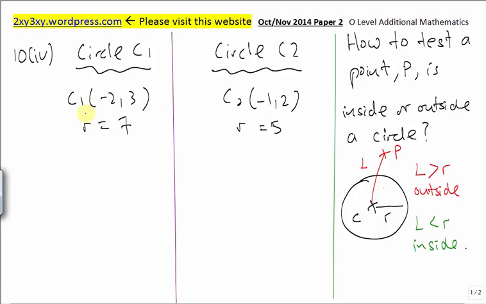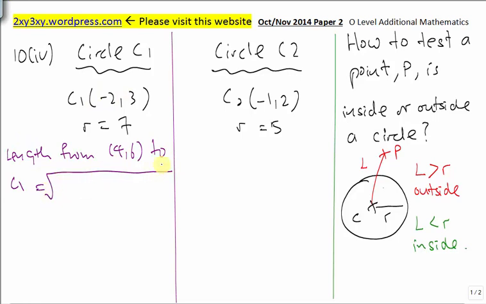Now we are going to find the length from the point (4, 6) to the center of the circle. The formula of length is given by the square root of y2 minus y1 squared plus x2 minus x1 squared.